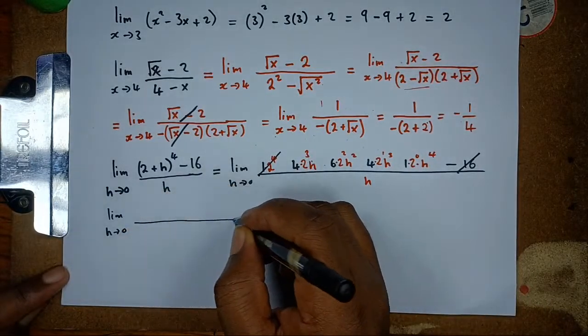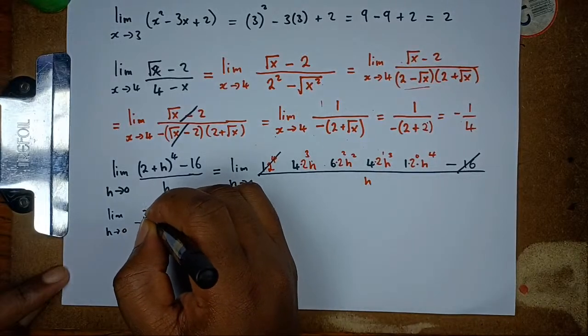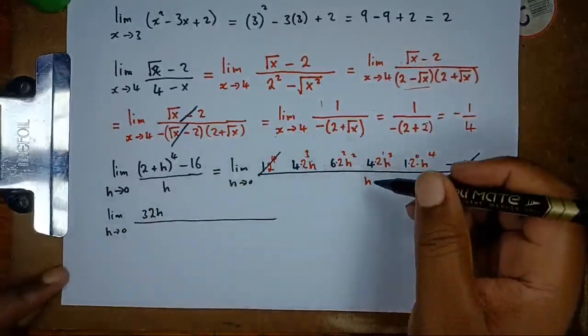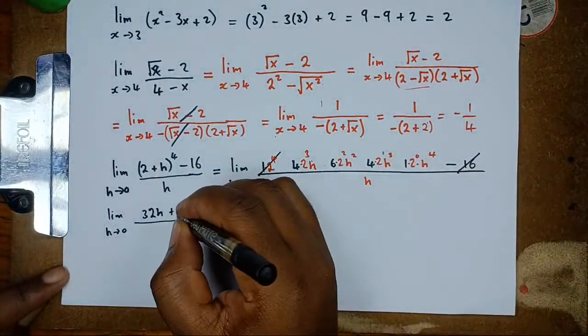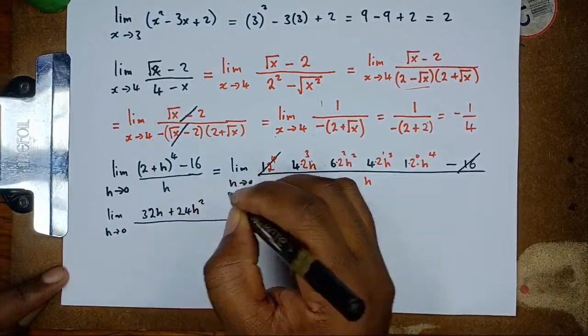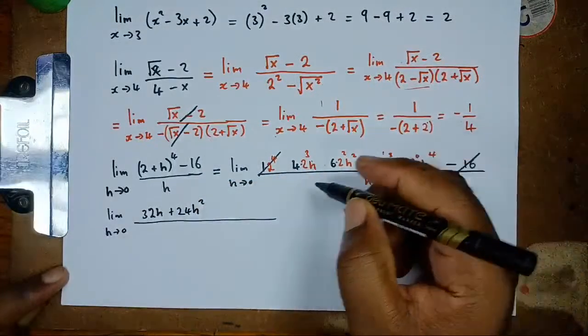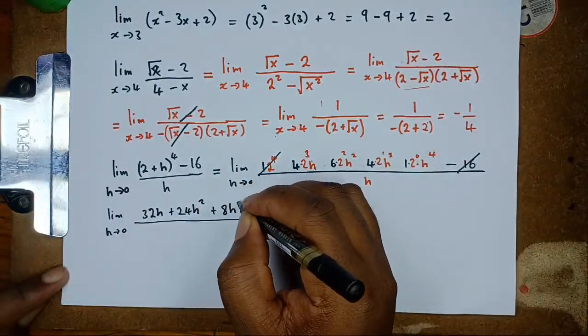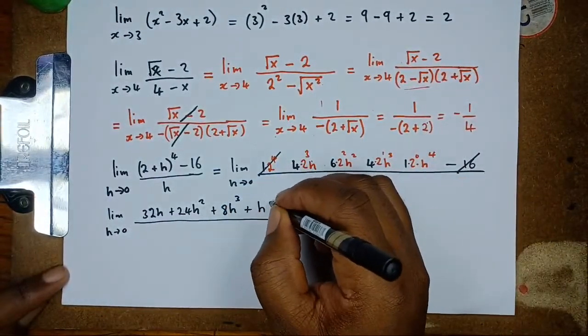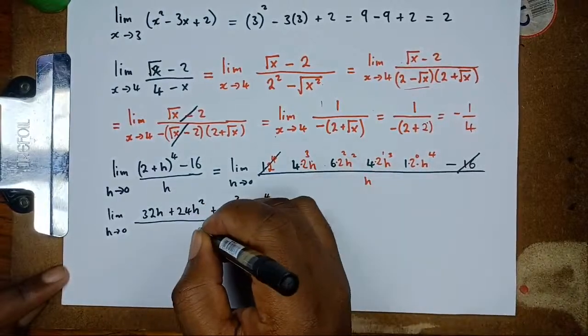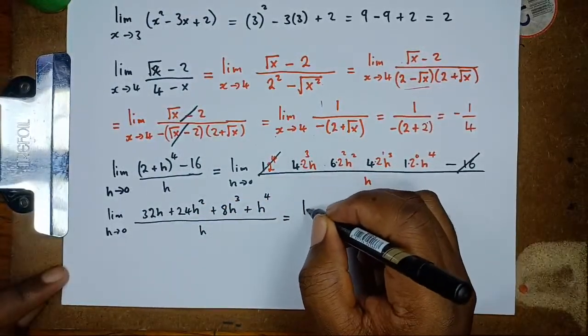Hence, we get 32h. This is 4 times 6, that is 24h squared. This part here will just give us 8h power 3. And this part here will give us h to the power 4. Everything is over h. Okay.